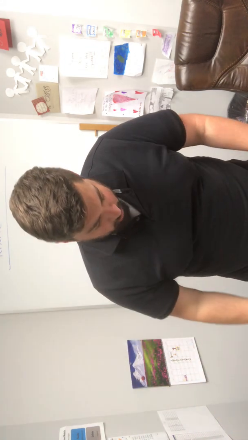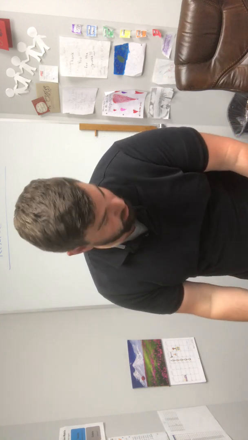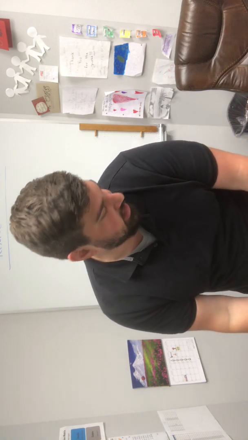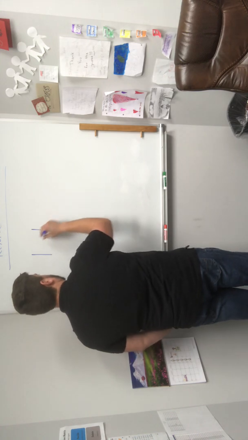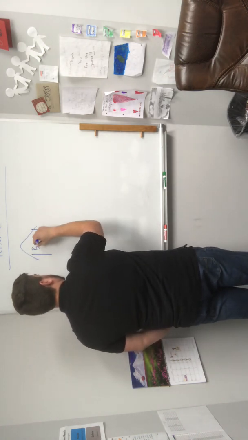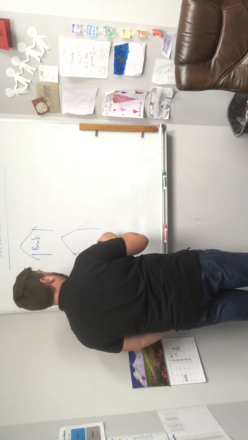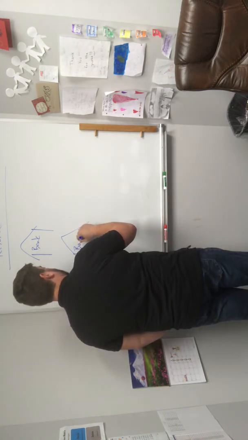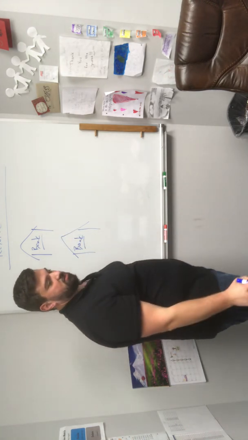Okay, so the way this works is as follows. I'm just going to draw two different commercial banks here. And this is actually going to be the same bank under different circumstances.